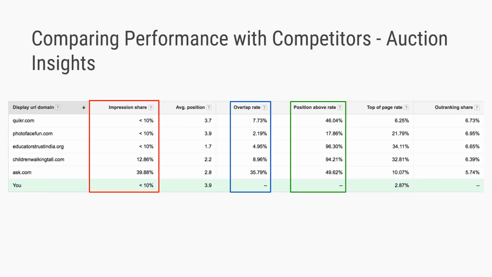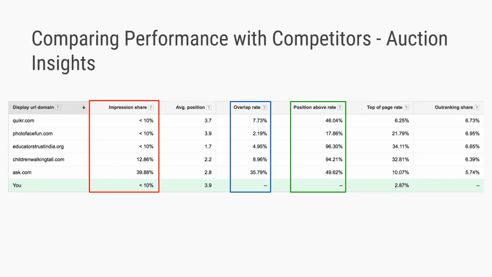Similarly, we have position above rate. It means what percentage of times your competitor's ad appeared above your ad. In this example, you will see almost 50% of the time ask.com's ad was appearing above my ad.